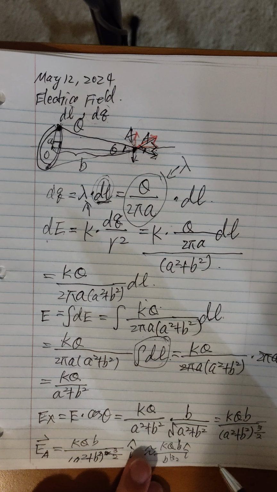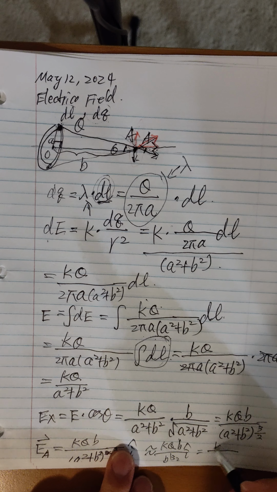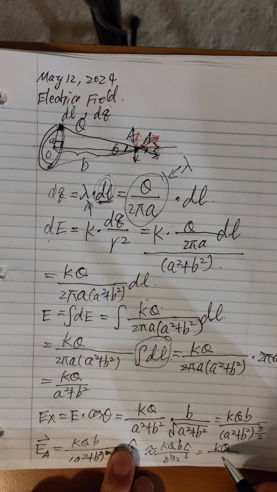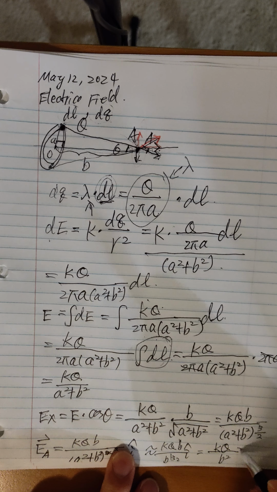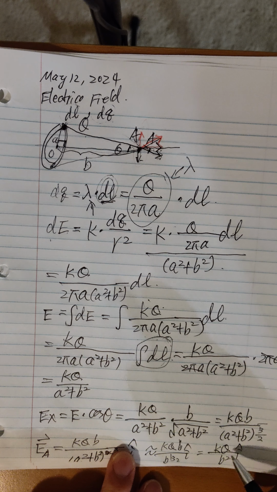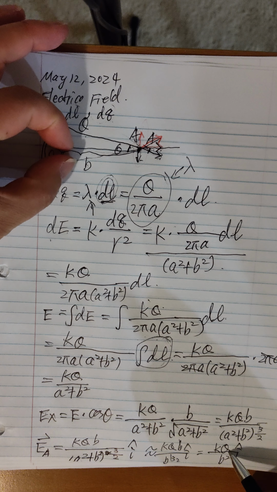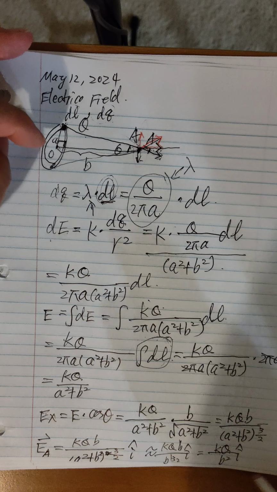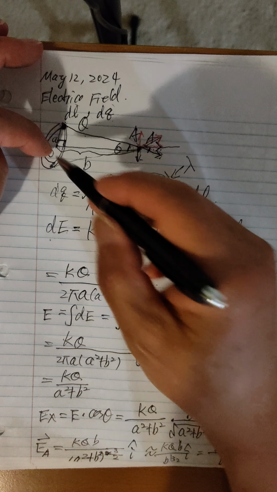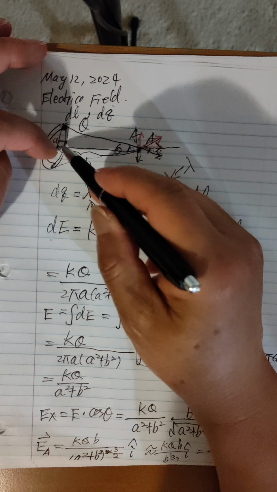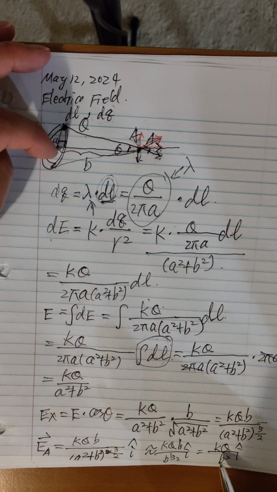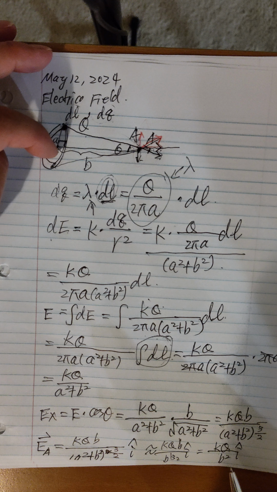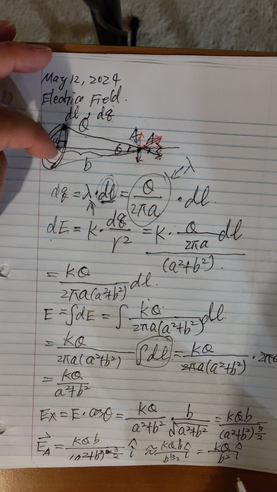One of the b's cancels out, so what we have is kq over b squared in the i direction. The q is the whole charge, and b is the distance between the point of interest and the location of the charge. So this is exactly the formula that we used for the electric field of a point charge.